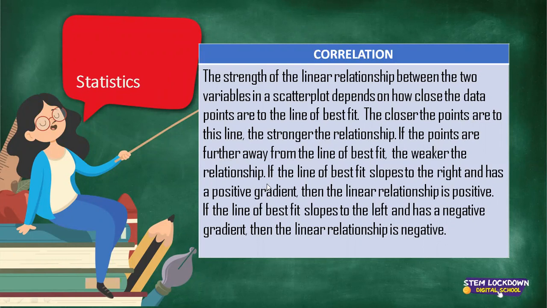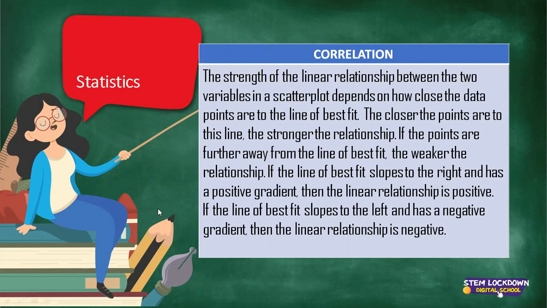If the points are scattered all around the line of best fit we have created, then we think there's a weak correlation between the two variables. The two variables must be such that we have a dependent variable and an independent variable. The dependent variable must be plotted on the vertical axis and the independent on the horizontal axis.